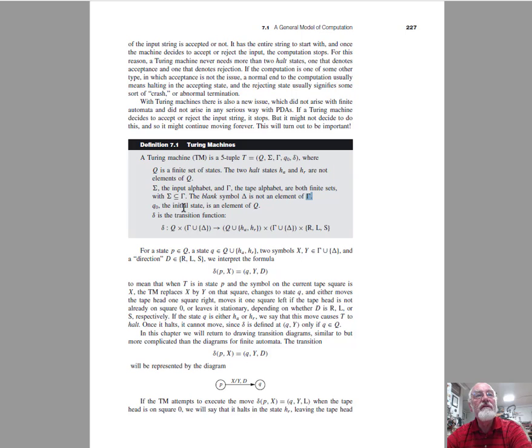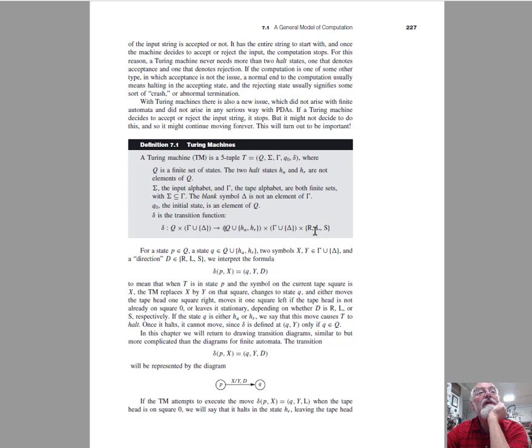We have Q naught, that's an initial state, very much like we had with the Q naughts of FAs and PDAs. And then this delta looks pretty wild, but if you look at it piece by piece, you can handle it. This part says that this is the domain from which we get information. This says if we are in some state and we read either something from gamma or the actual delta, which can be on the tape, then we can do this stuff right here.